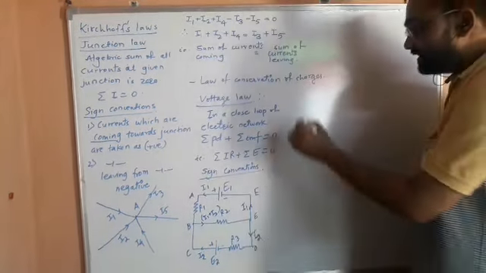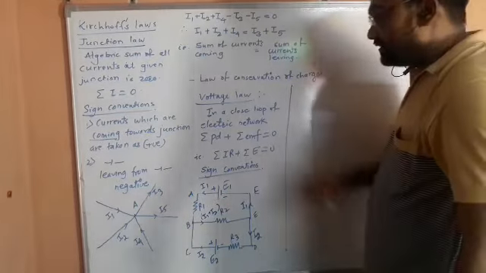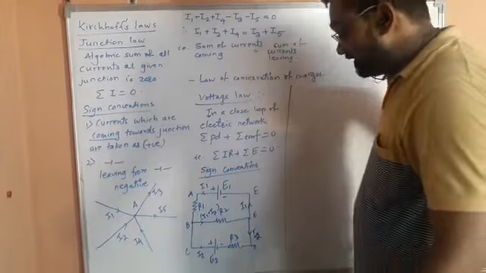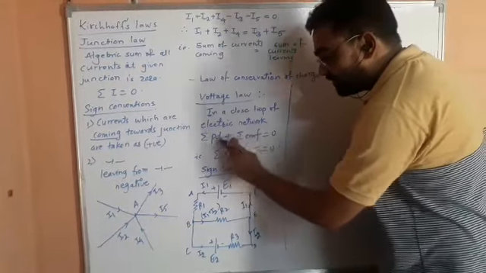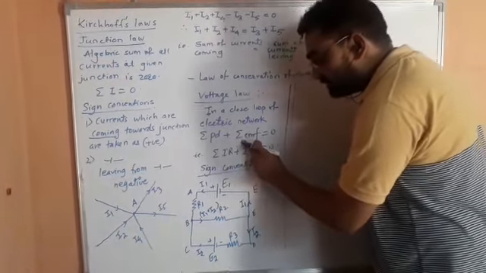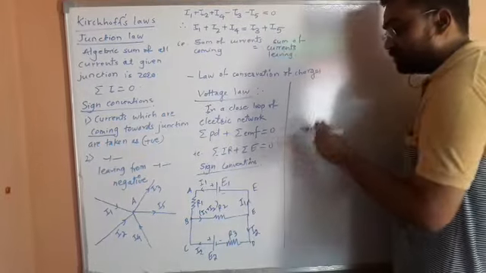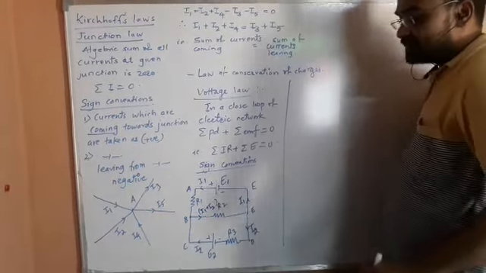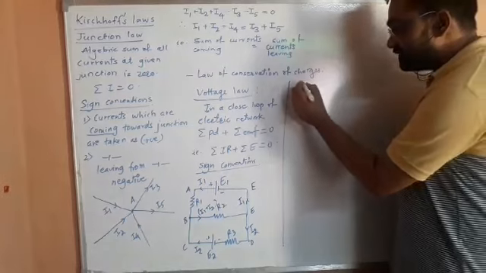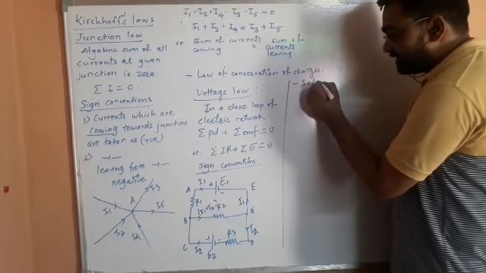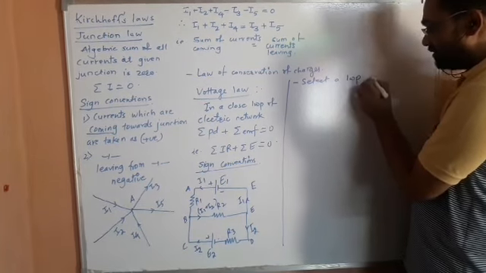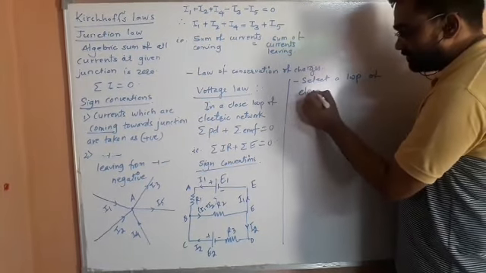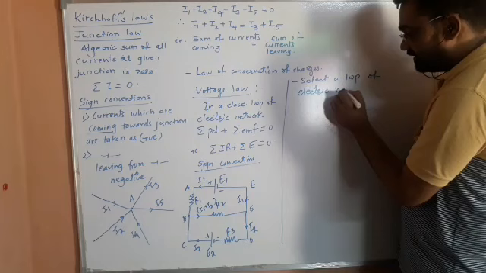So if I want to apply the voltage law for this circuit, according to the law, the algebraic sum of potential differences and the algebraic sum of EMFs is 0. To apply this, the first step is to select a loop of the electric network.